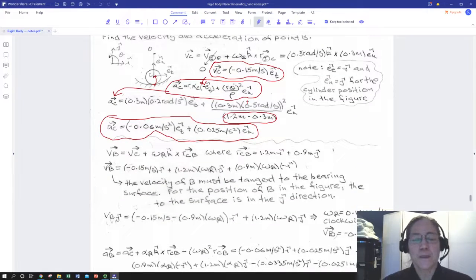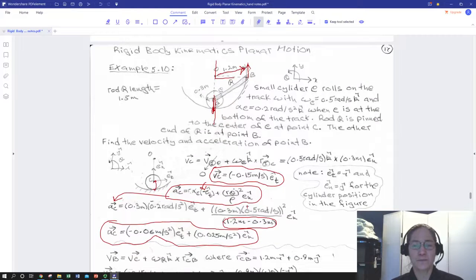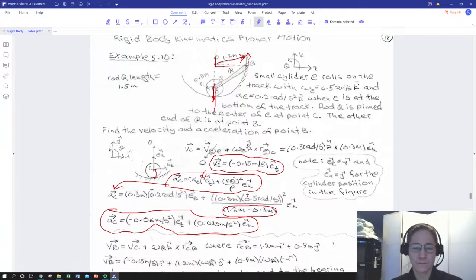Okay, so we can work, again, the same two points. If I want to know the velocity of point B, I've already got the velocity of point C up here. I don't know the angular velocity of the rod, but I do know an expression for the radius vector from point C to point B. I can just use the geometry of the problem, a little bit of trig, remembering to subtract my 0.3 meters from a 0.9 radius vector.